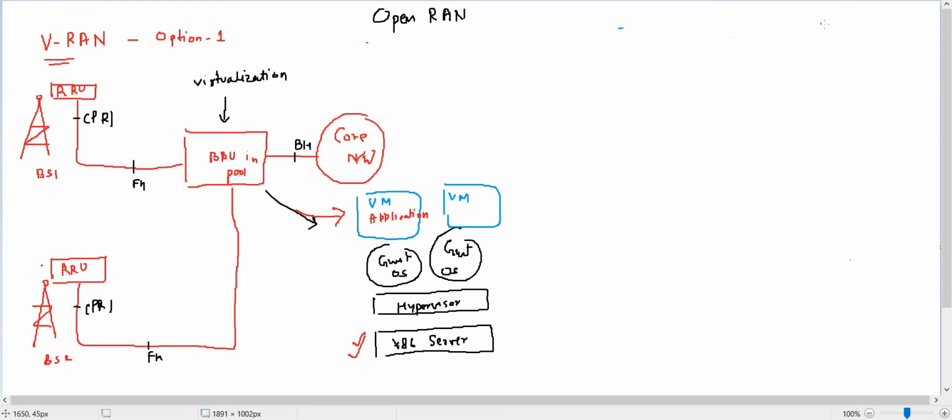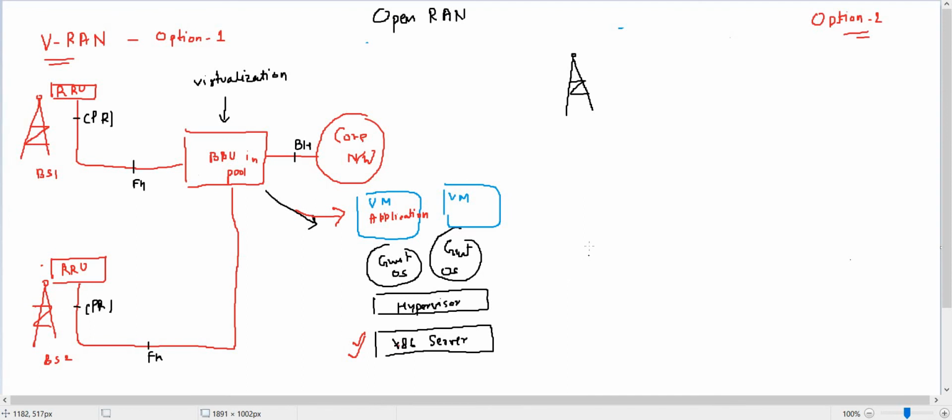In a similar way, option 2 is there. We know that in option 2 we split the BBU into two entities, DU and CU. Let me draw the diagram.